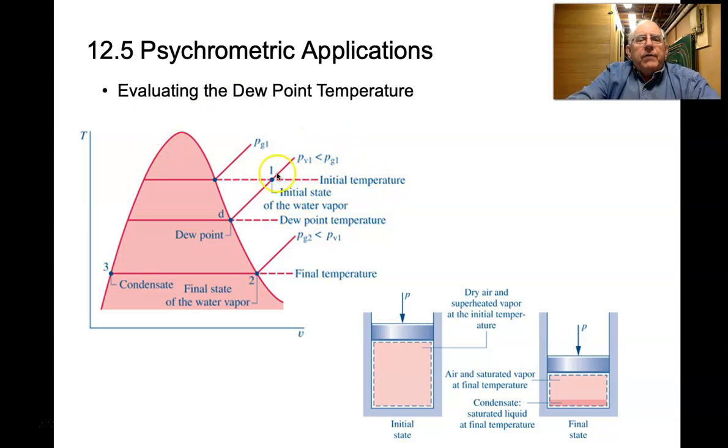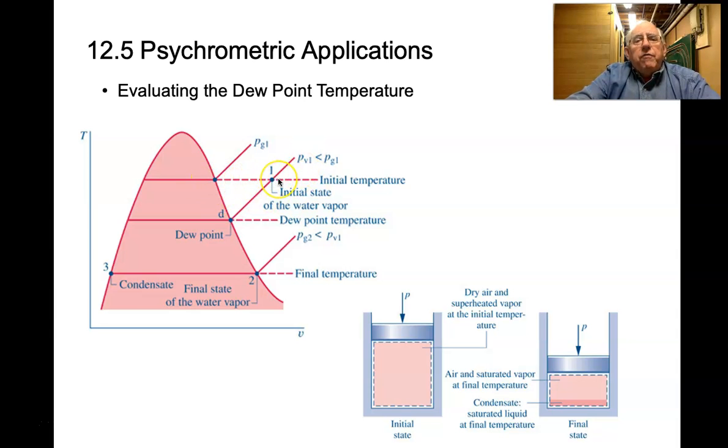So at a given temperature of the mixture, the amount of vapor corresponds to a certain point on the T-v diagram. Before, we said that the point right there, at vapor pressure 1, compared to the partial pressure at that initial temperature, gives a ratio that we call the relative humidity.